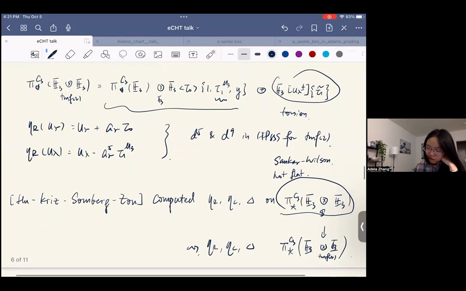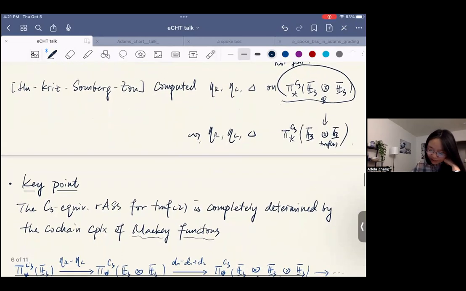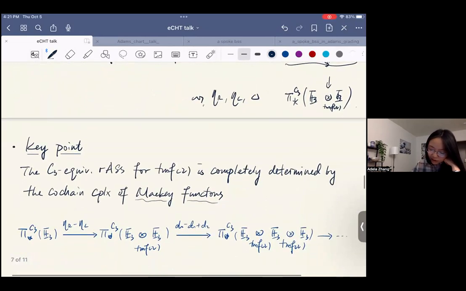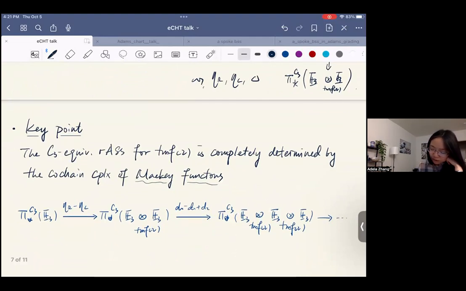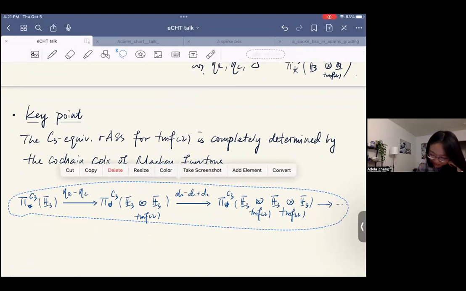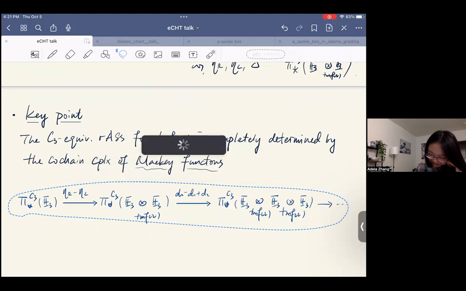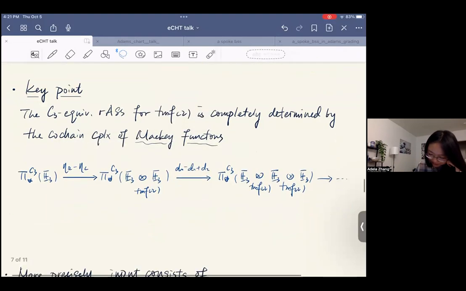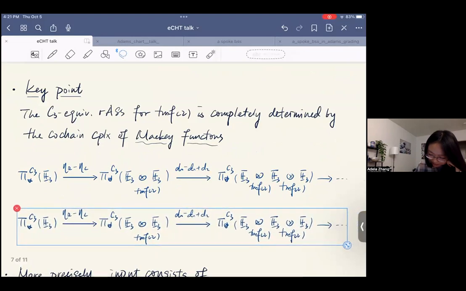Okay, so now I can finally state the key point. The key point is that the C3 equivariant relative Adams spectral sequence for TMF2 is completely determined by the cochain complex of Mackey functors. So here I'm showing you the E1 page of the relative Adams spectral sequence along with the differentials. What I'm allowed to do is copy paste to get the Mackey functor.